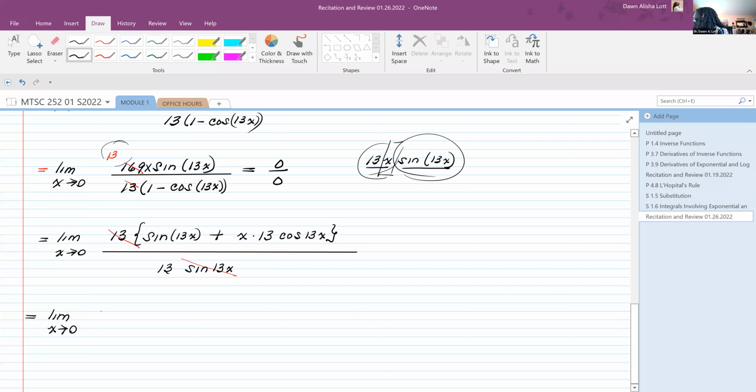So derivative of the first, what do you get for the derivative of the numerator? For the derivative of the numerator, I had 2 times cosine of 13x. Whoa, where did 2 come from? Oh, okay, I know. You got cosine 13x, that's the derivative of this times 13, plus first x times derivative of the second, which is minus 13 the sine of 13x.